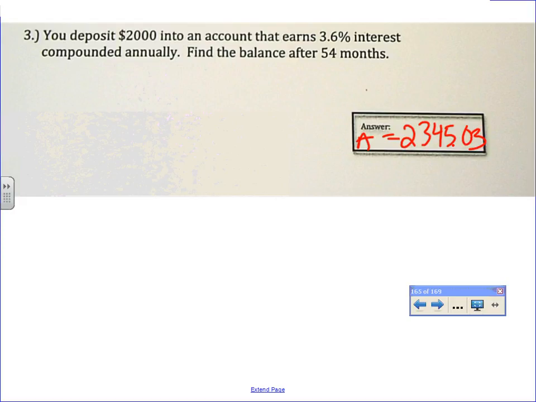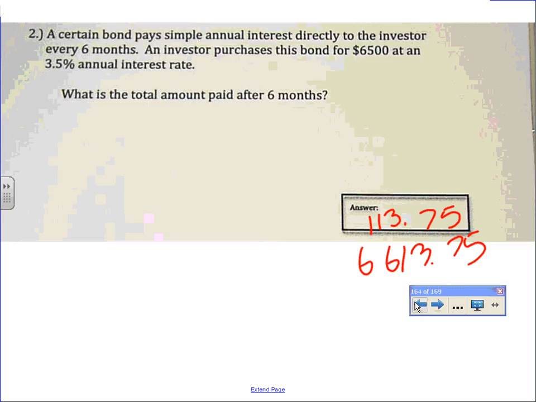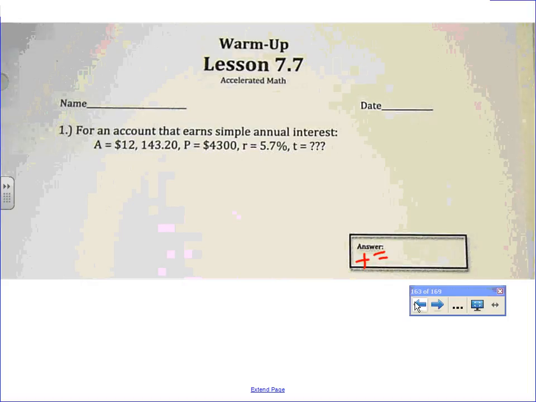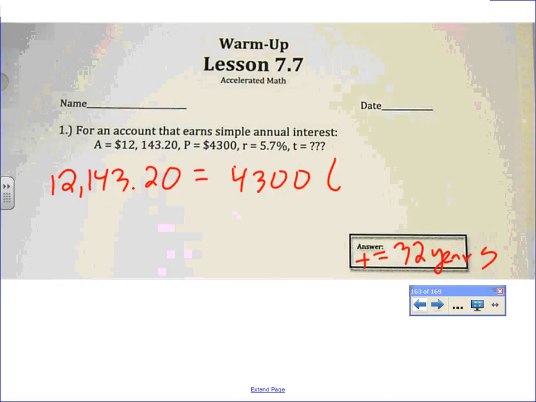Nope, should be less than that. David, what did you get for 1? Okay, unless I messed up, it should be less than that. Evan? Yeah, it should be 32 years. So let me set that one up. So the balance is $12,143.20, which is equal to principal, and then in parentheses, 1 plus 0.057t.